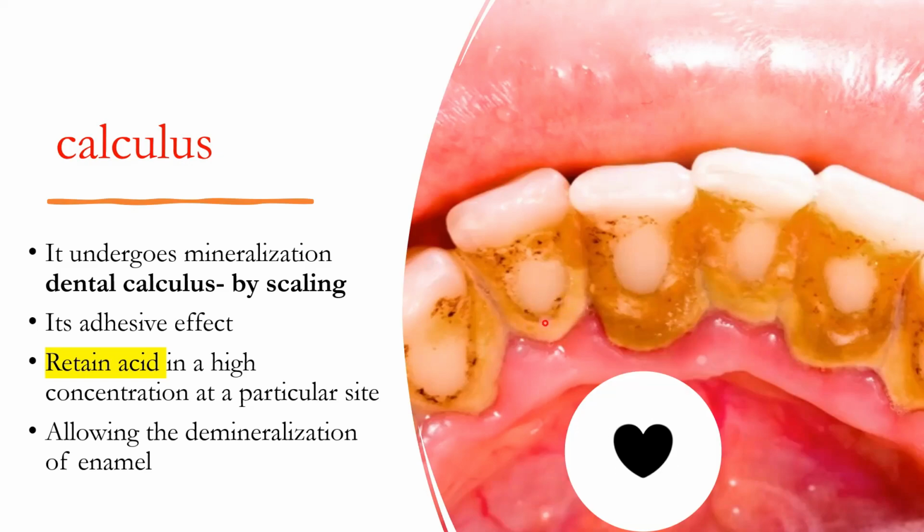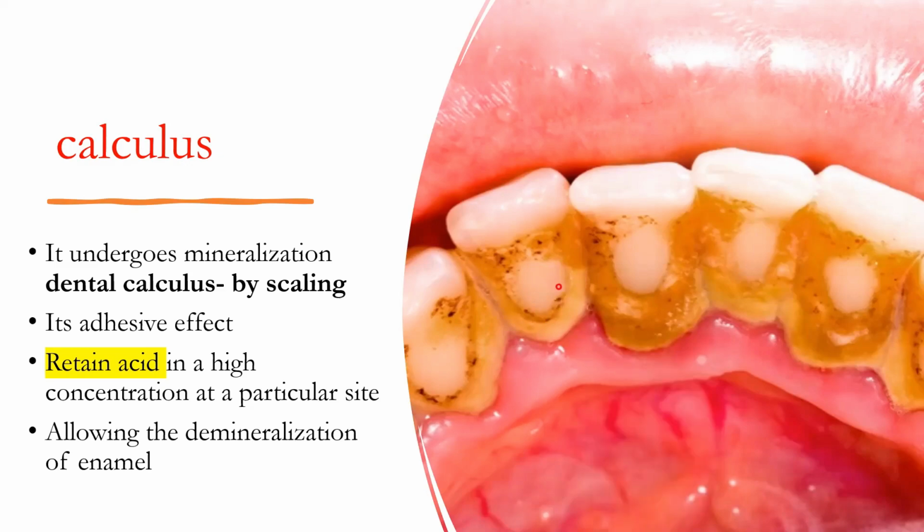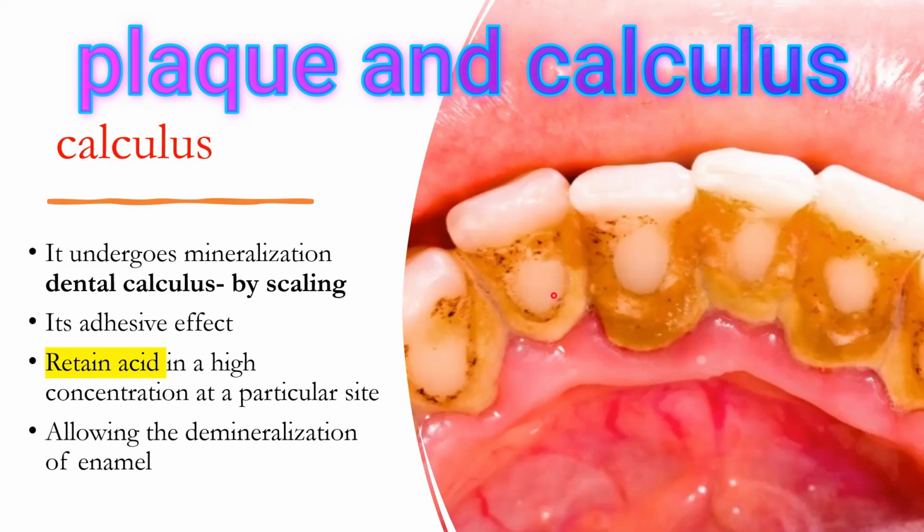So this calculus is what helps to retain the acids which are produced by the bacteria at a particular site for a longer duration of time. And this is what allows for the demineralization of the enamel and initiation of the caries. So plaque and calculus have a very important etiological role in the caries.